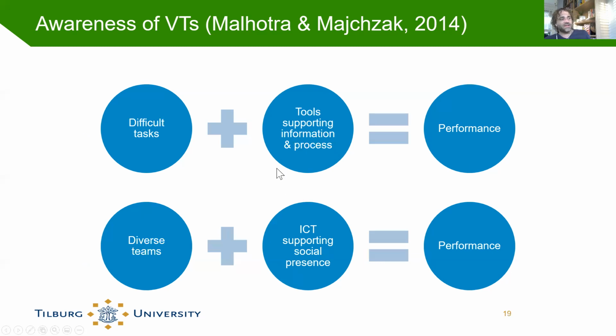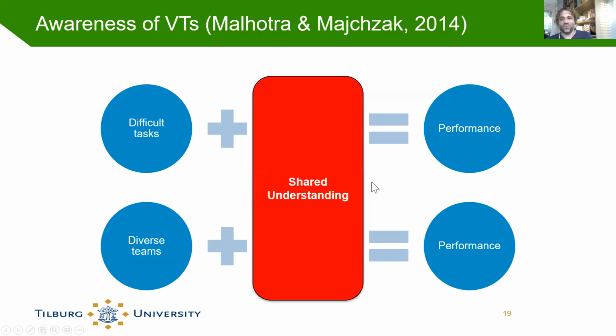So they say, if you have a difficult task, then you need a lot of conveyance technology, information processing and process structuring, in order for teams to perform. And if you have a diverse team, then it is best to have a lot of communication support in your virtual team for them to perform best. So basically this boils down to, again, shared understanding.